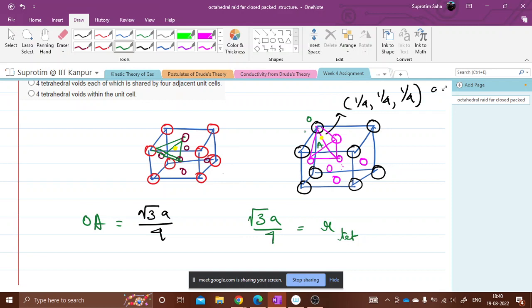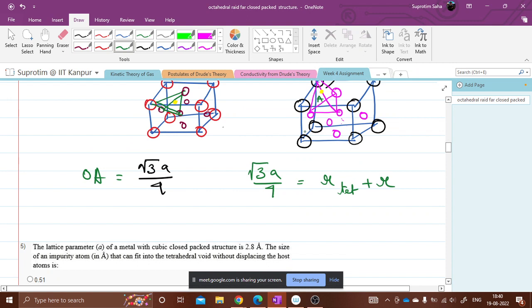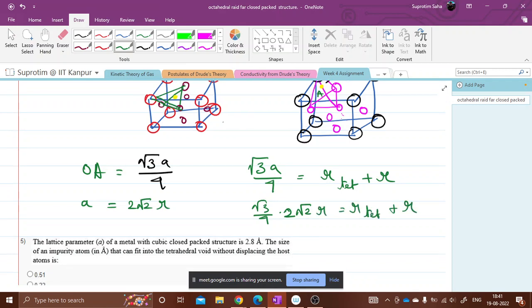So R tetrahedral plus R of the host, right? And A is 2 root 2 R. So root 3 by 4 into 2 root 2 R is R tetrahedral plus R of the host.